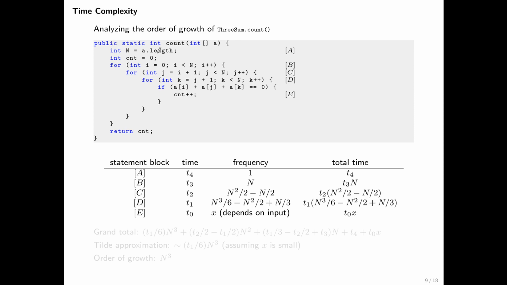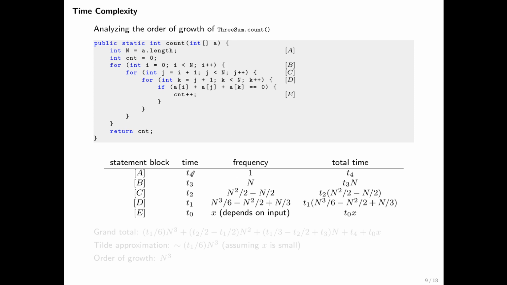A is simply this statement here. Let's say the time that it takes for that statement to run is t sub 4. It's clearly executed just once, so the frequency is 1, and the total time is t sub 4. What about B? B is this outermost loop, and that's executed precisely n times, so the frequency is n.